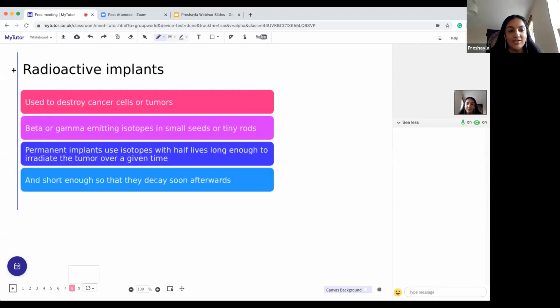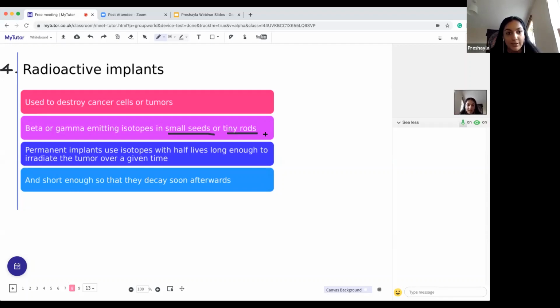And the final one is radioactive implants. We can implant radioactive substances to destroy cancer cells or bigger clumps of cancer cells, tumours. So we either use beta or gamma emitting isotopes and we implant them into the place which has the cancer. This can either be in the form of small seeds or tiny rods.